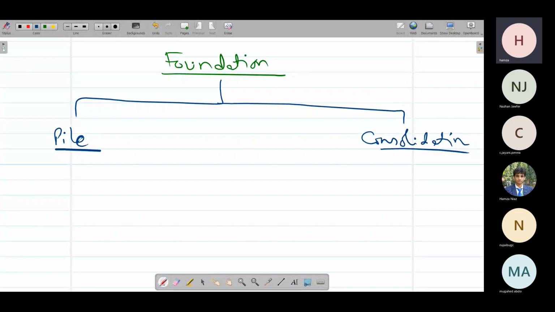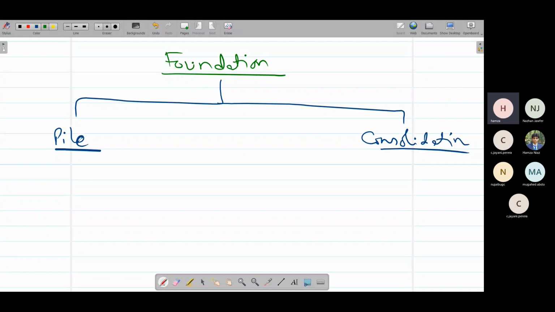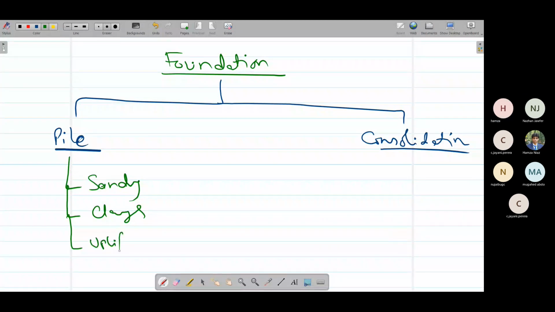So for pile design, we have different types of conditions. For example, the first is if our pile is in sandy strata, the second one is if the pile is in cohesive soil like clays. The third is if we have to find the uplift capacity of the pile. How much force would be required to uplift the pile.